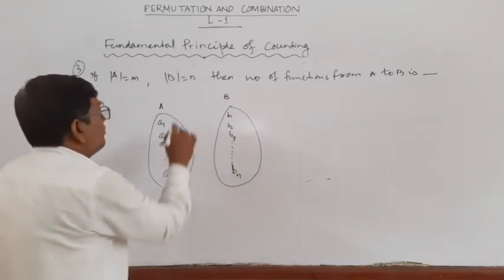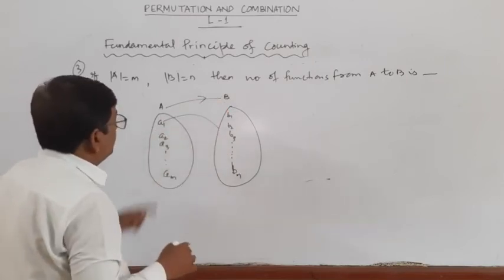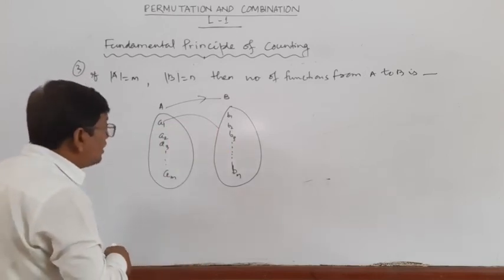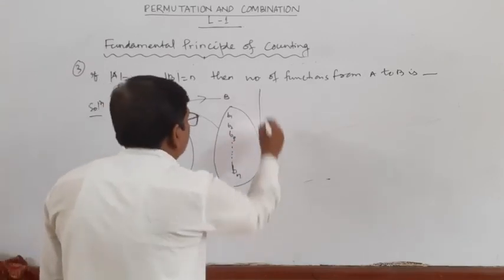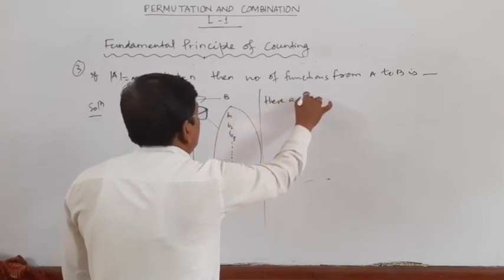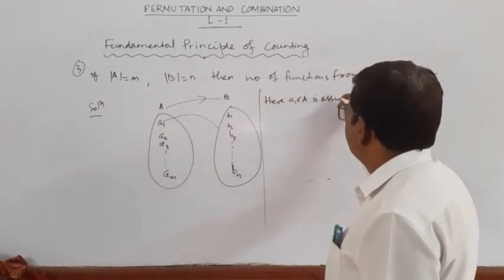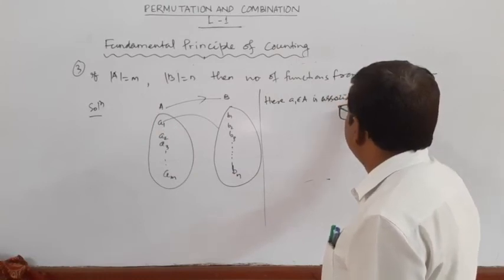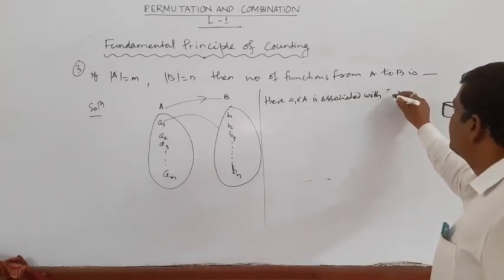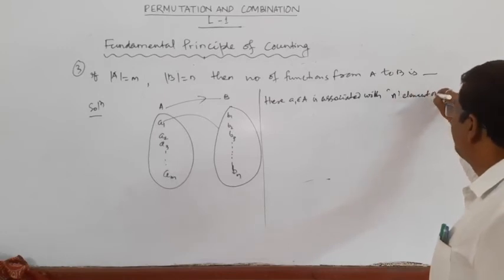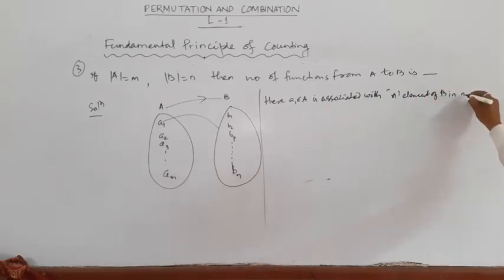So for the function from A to B, A1 belonging to A is associated with the n elements of set B in n ways.